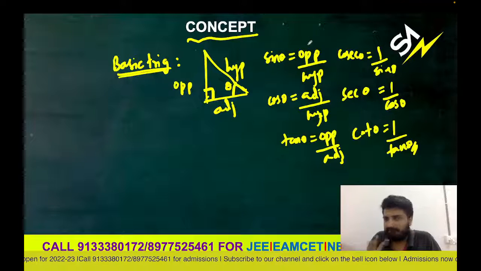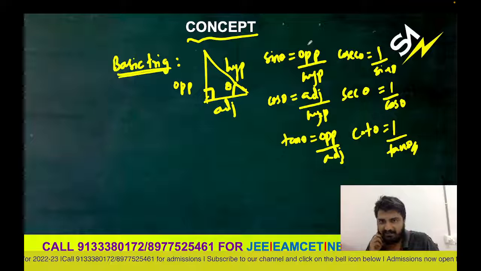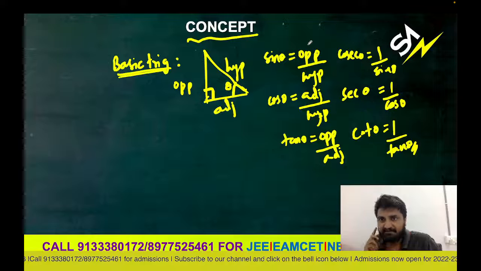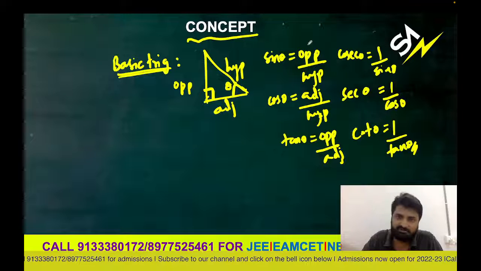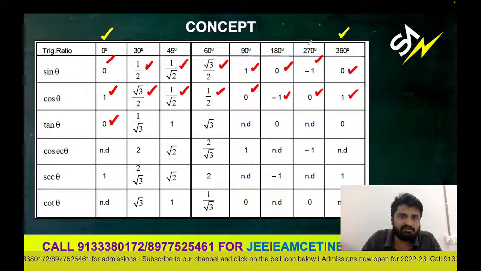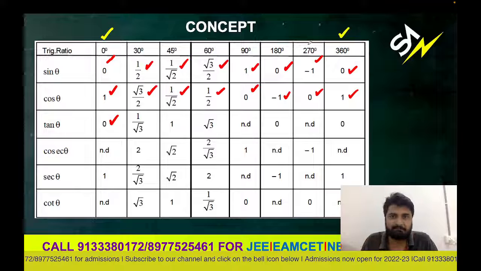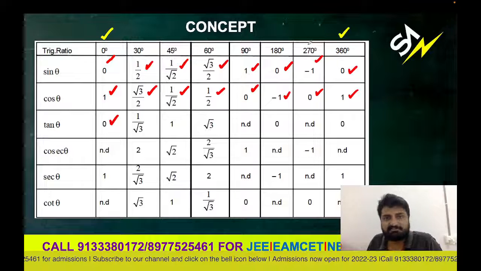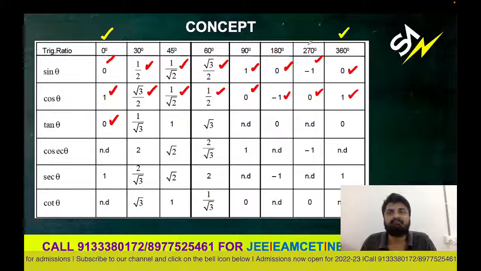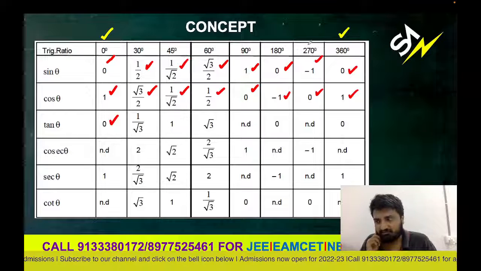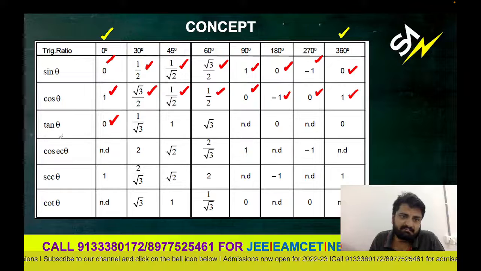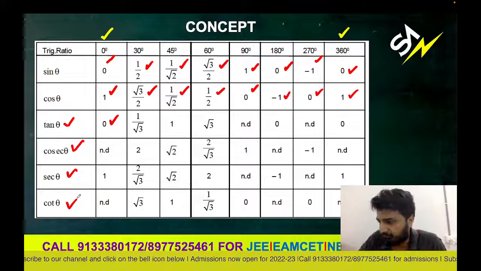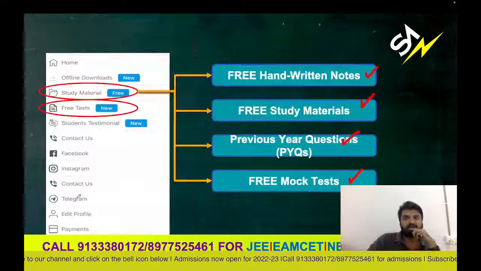We saw the basic fundamentals of trigonometry, like a right angle triangle, sine theta, cos theta, tan theta, secant, cosecant and cot. We also saw some basic fundamental angles, which I asked you to revise as well: 0, 30, 45, 60, 90, 180, 270 and 360. If you know sine and cos, tan, cosecant, secant and cot will become easy for you.